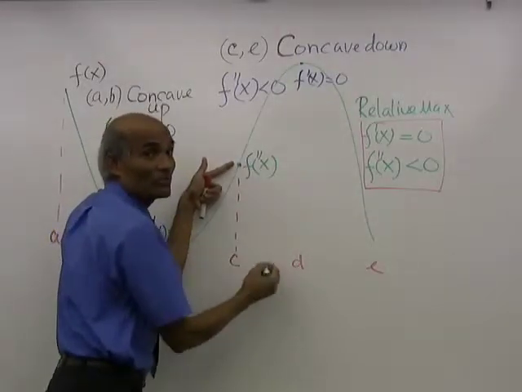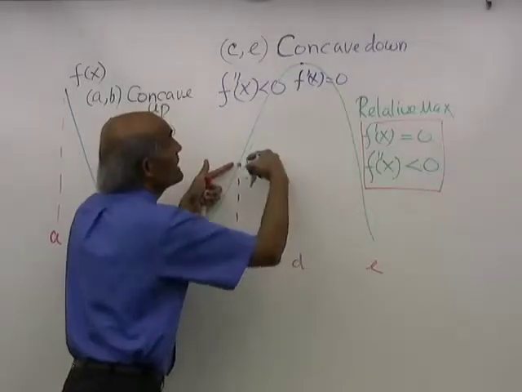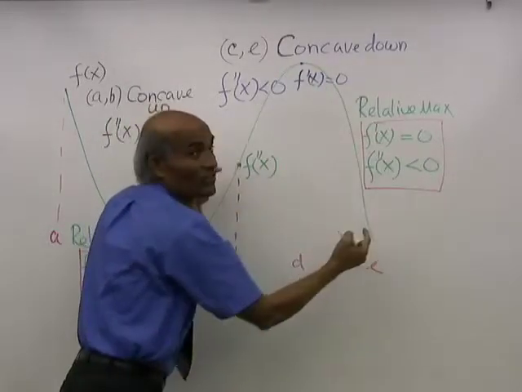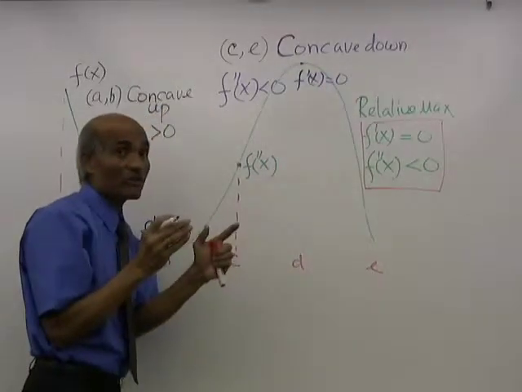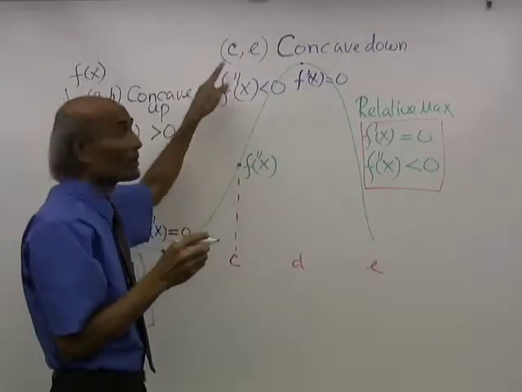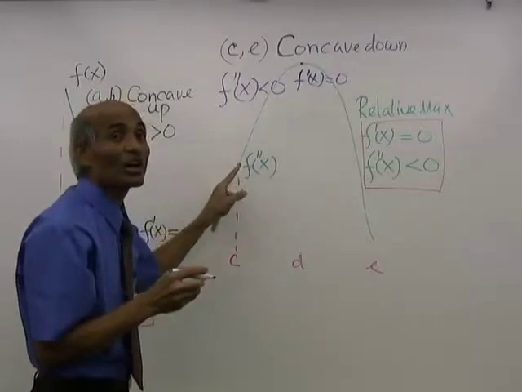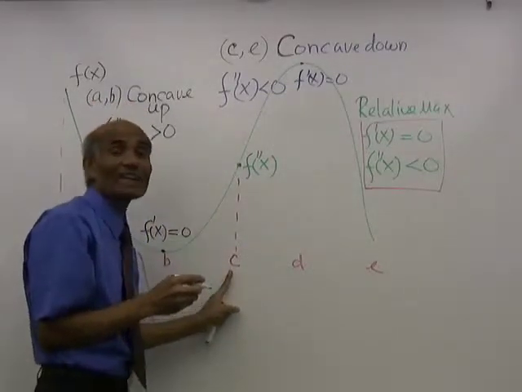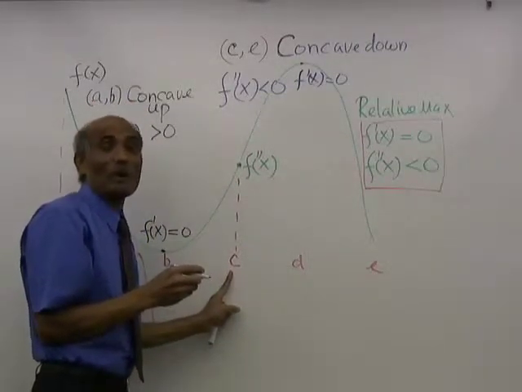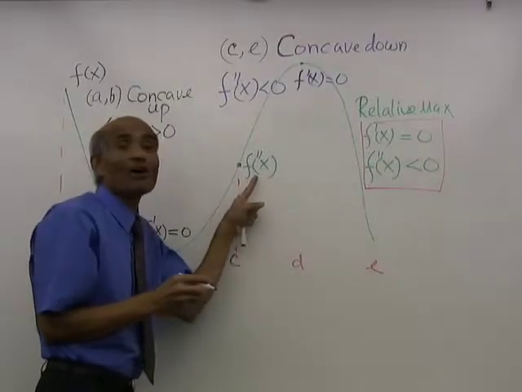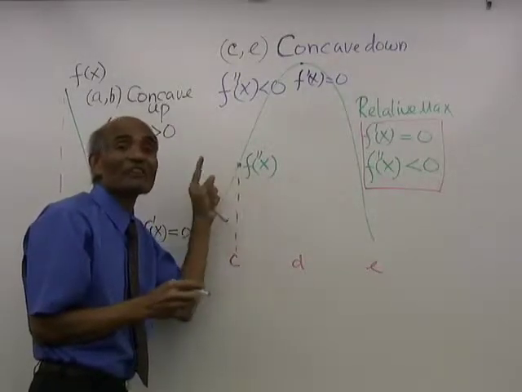And from x equal to c to x equal to e, it is negative. Now look at this. When you talk about the interval, we are talking about open intervals. In other words, the endpoints are not included. C is not included in that interval. Now what is the value of f double prime x at x equal to c?